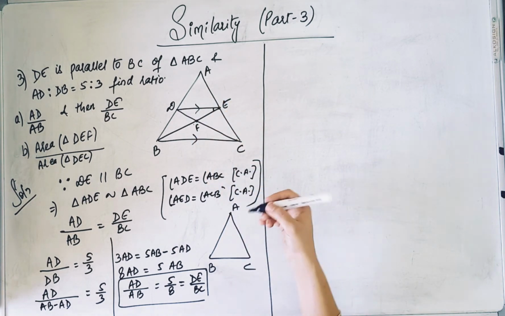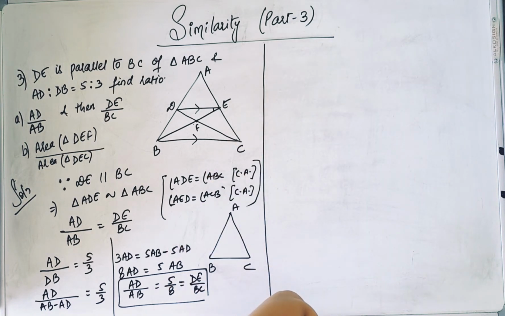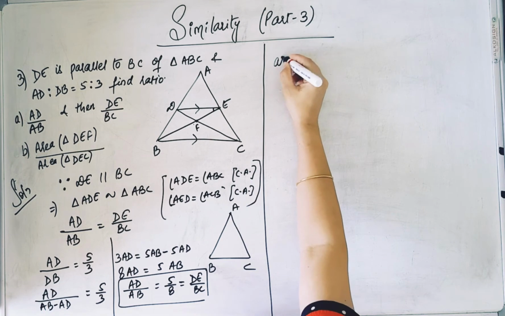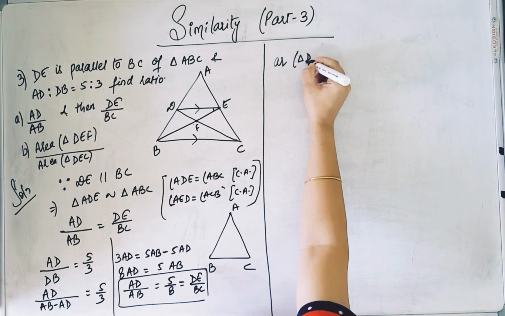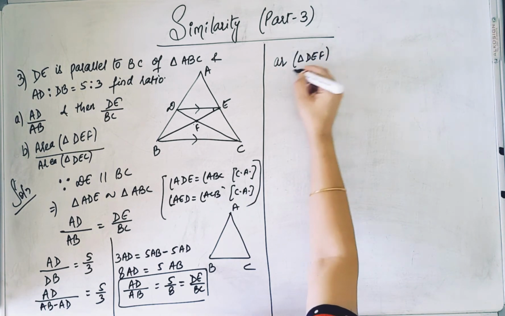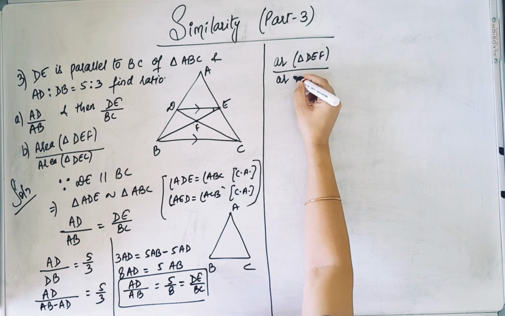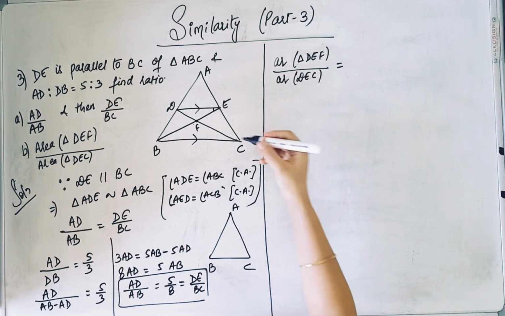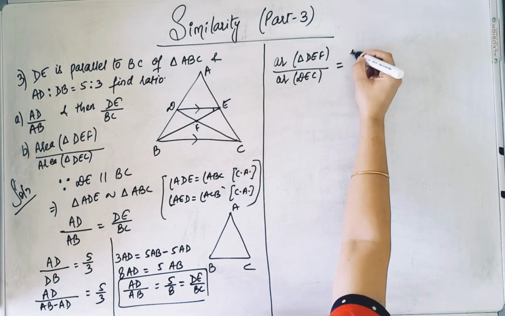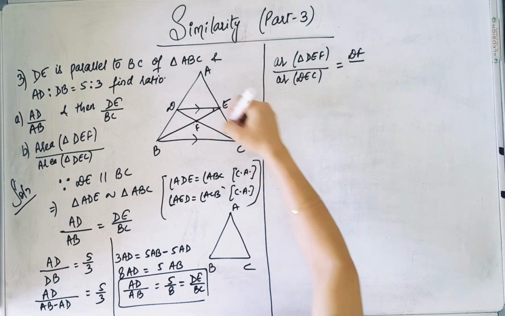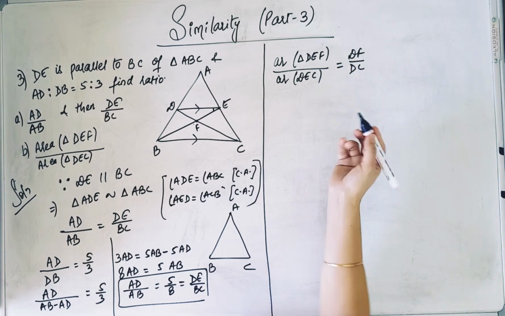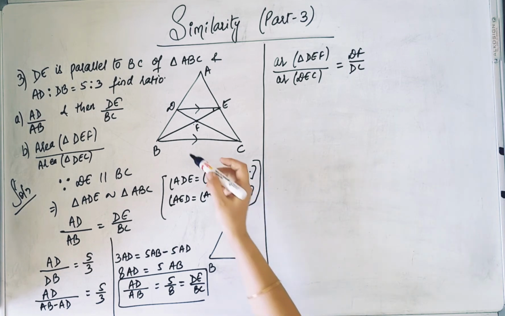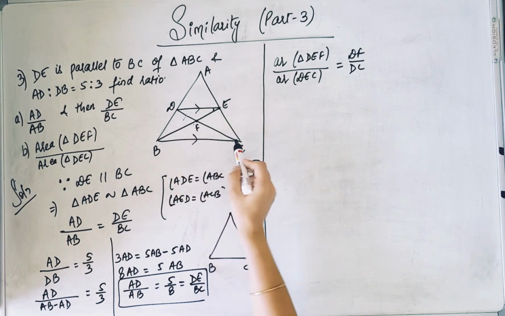So again we will use a theorem, I mean the concept which we have studied before, that is area of triangle DEF upon area of triangle DEC will be equal to DF by DC. Now we don't know what is DF by DC. So we have to calculate that DF upon DC.